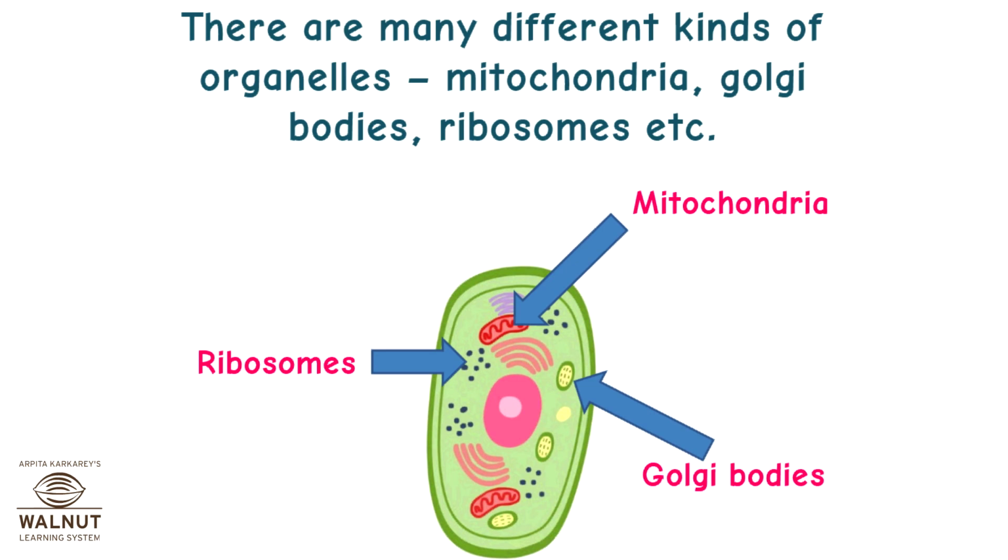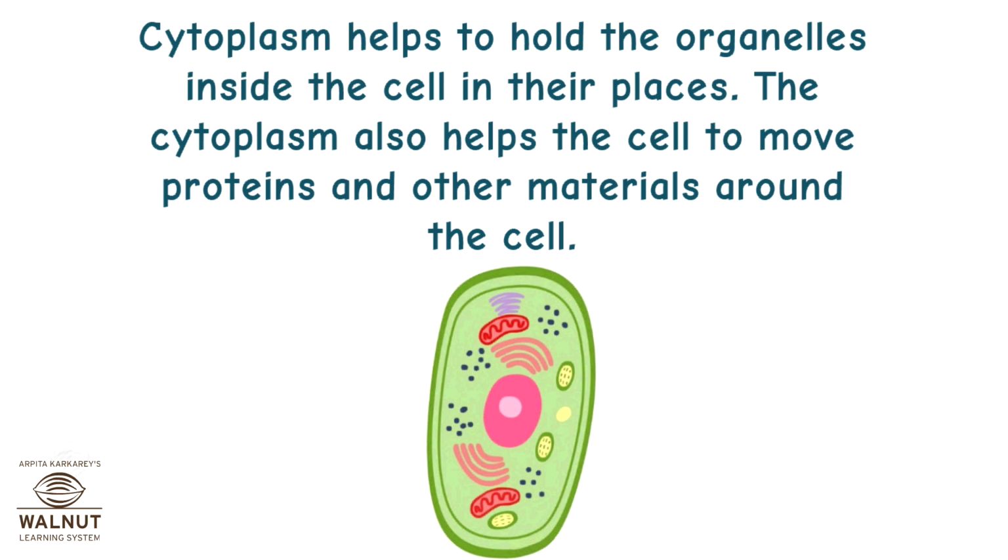There are many different kinds of organelles: mitochondria, Golgi bodies, ribosomes, etc. Cytoplasm helps to hold the organelles inside the cell in their places. The cytoplasm also helps the cell to move proteins and other materials around the cell.